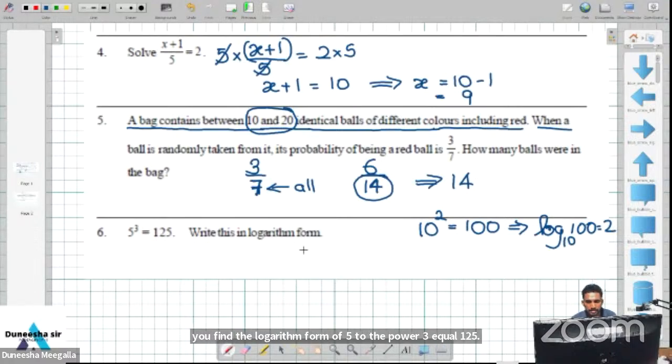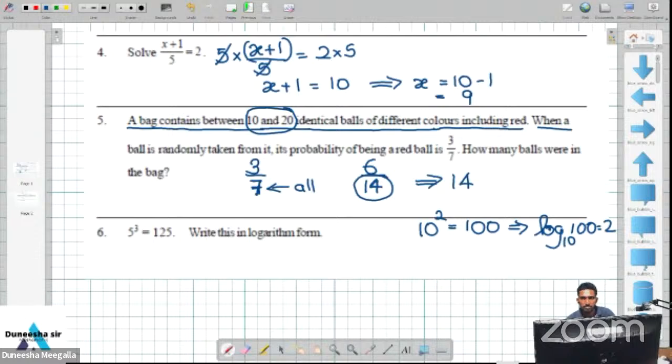Can you write it? Okay, how do we write it?